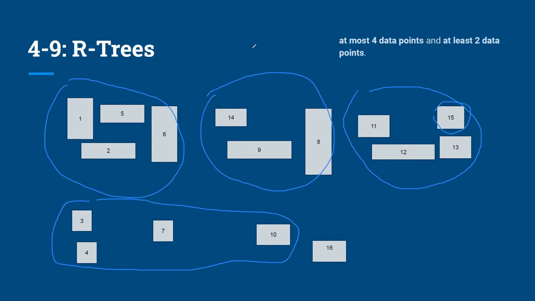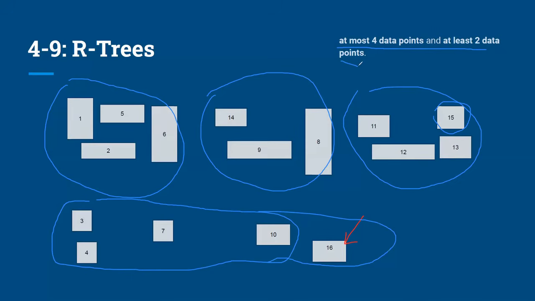But now this point 16 has just been added. Which group would it belong to? It seems fair to add this 16 to this one, right? So all of this would be one group. However, remember, as we have seen before, we can have at most 4 data points by design and at least 2 data points.